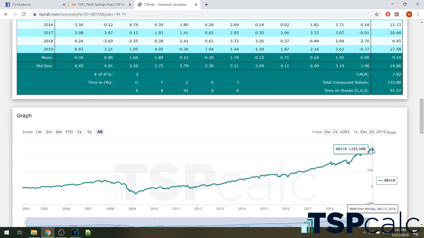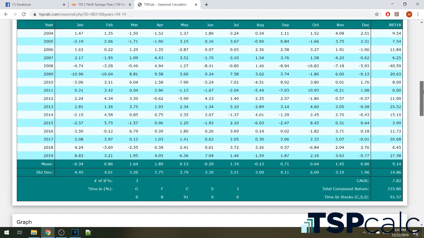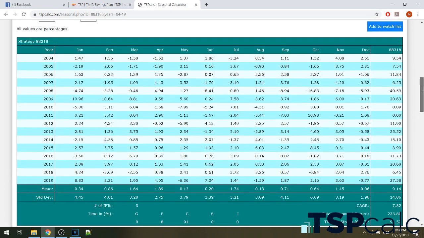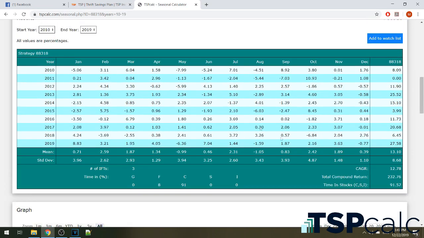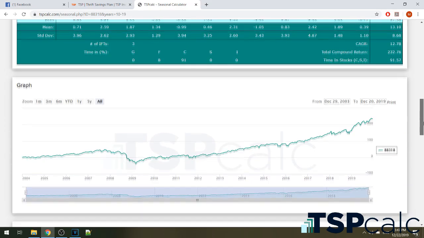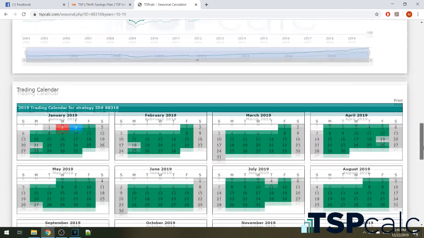This one looks like the latest I can get on resolution is December 16th. So 233.8% total since 2004. And if I wanted to know just the 2010 to current stats, I just change the start year and it updates total compound return of 232%. So that's the results table, that's the graph.